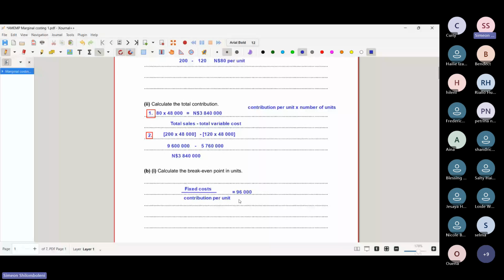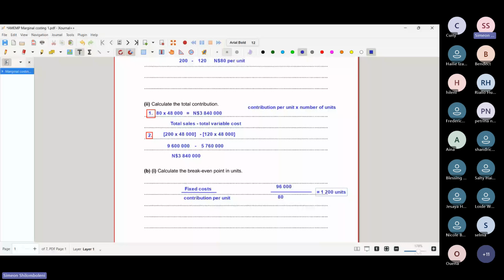So you will get here 96,000 divided by 80. And this is going to give us how many units? 1,200 units.